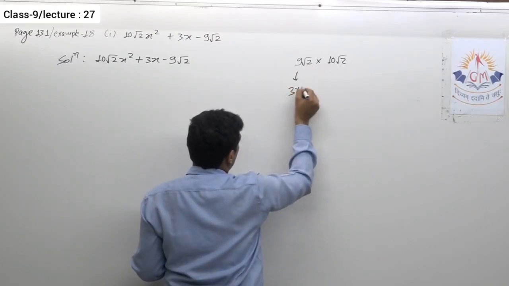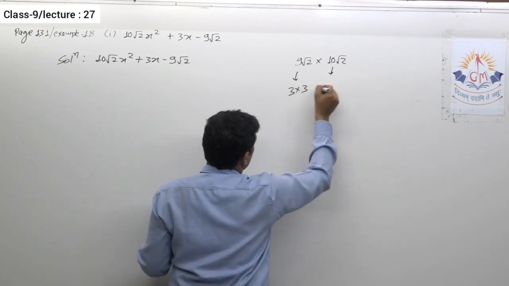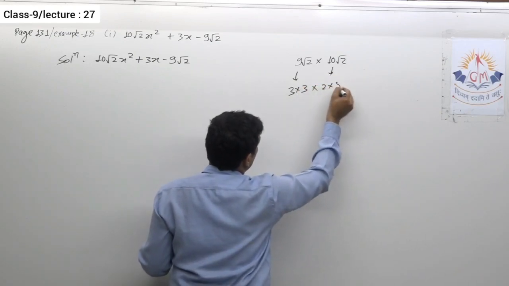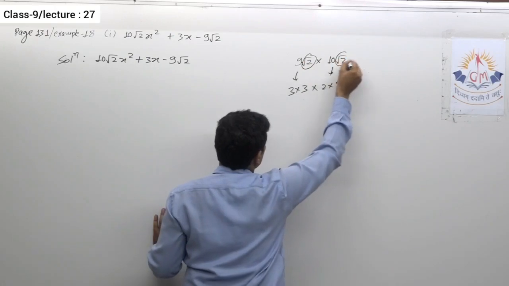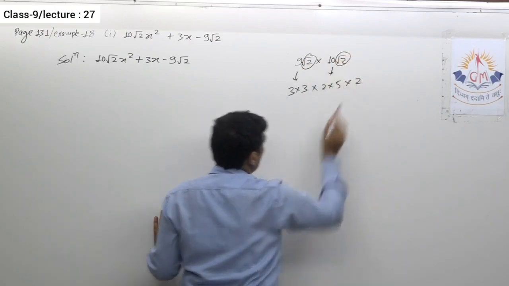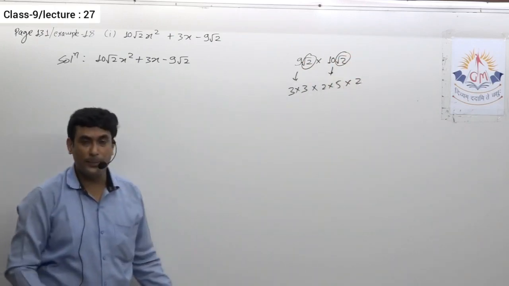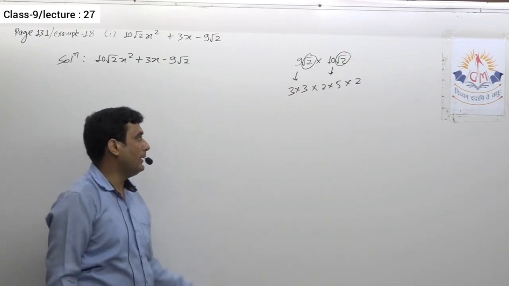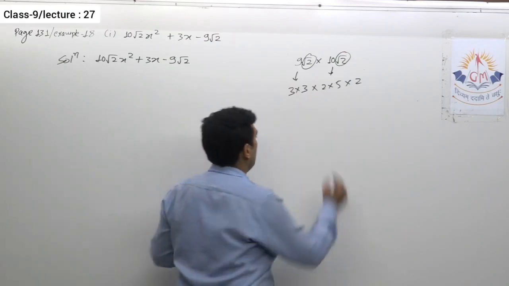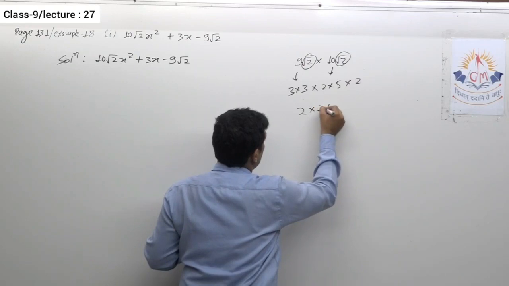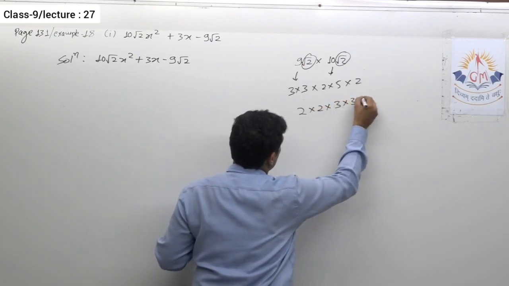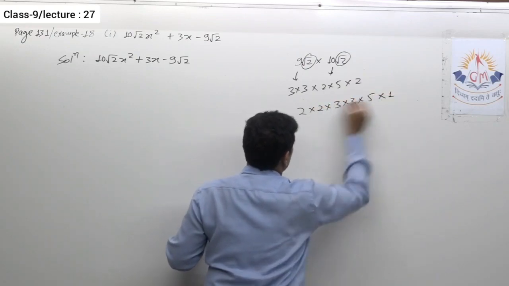So here factors of 9 are 3 and 3, factors of 10 are 2 and 5, and this root 2 is again going to give you 2. Isn't it? Root 2 multiplied by root 2 is 2, that we already know. So these are the factors. If I write these factors in increasing order, I get it like this.